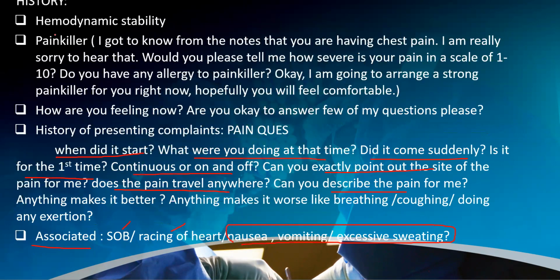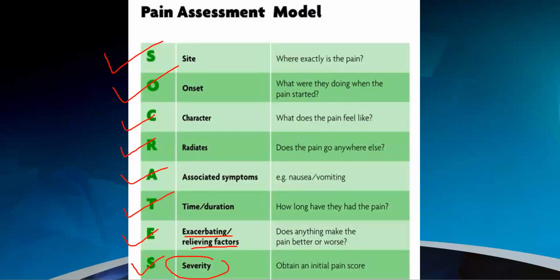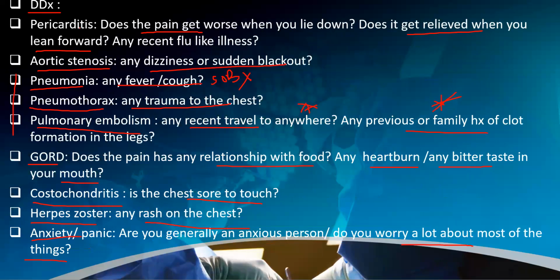So as you can see here, there are a lot of differentials. So starting with the hemodynamic stability, reassurance, painkiller, asking all the chest pain questions, associated questions, ruling out MI, then all other differentials: pericarditis, aortic stenosis, respiratory causes, pneumonia, pneumothorax, pulmonary embolism, reflux or peptic ulcer disease, then musculoskeletal, mainly costochondritis, herpes zoster, any rash on the chest, and lastly psychological.